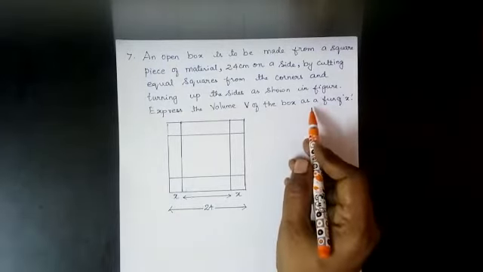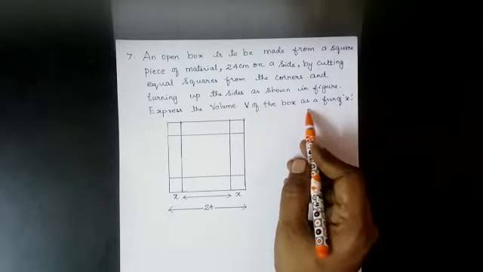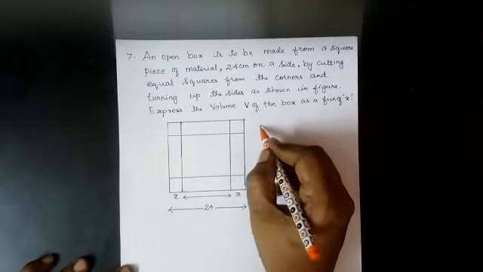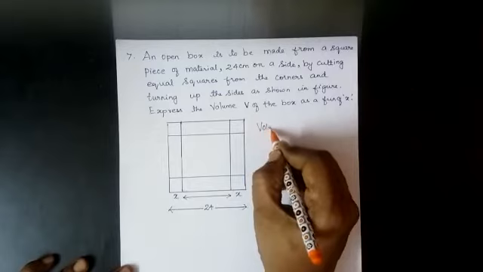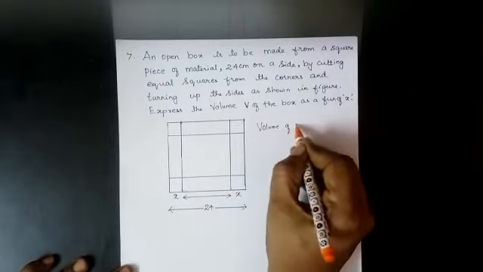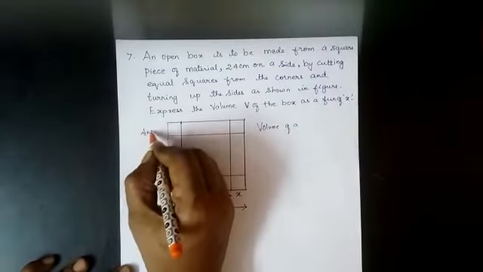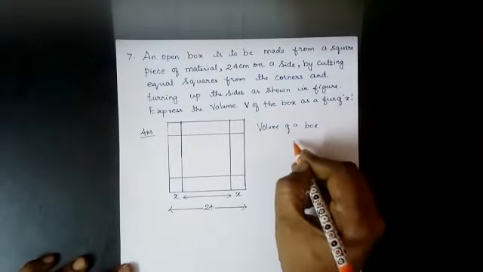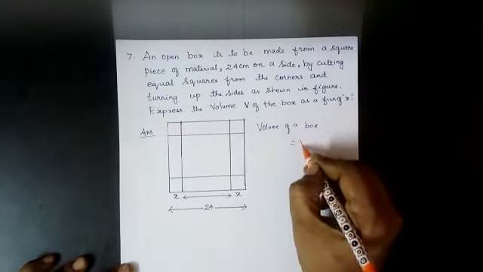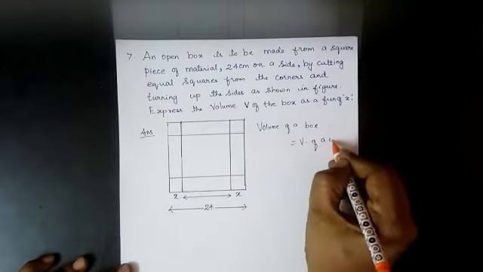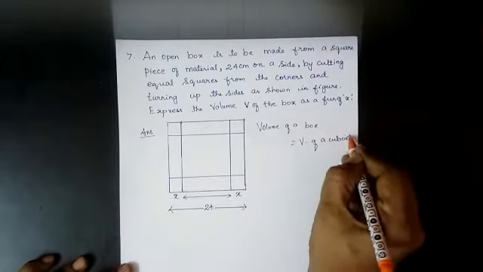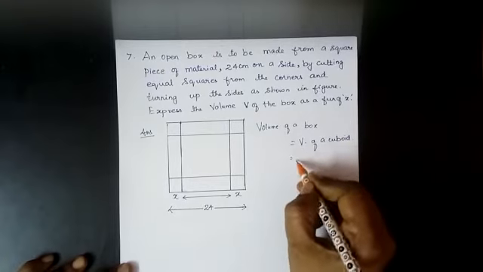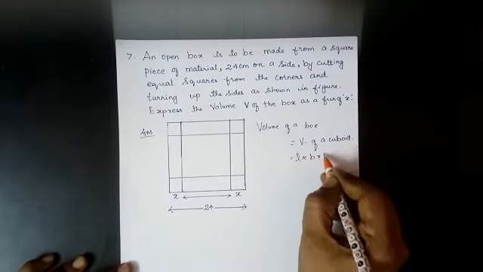This is the question, and here we know that the volume of a cuboid is length into breadth into height.